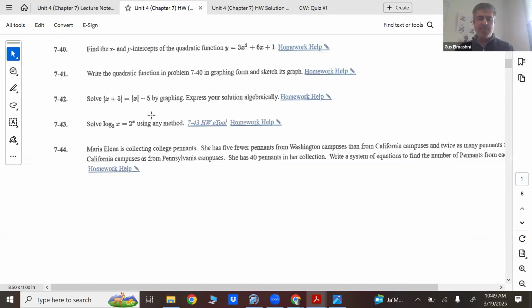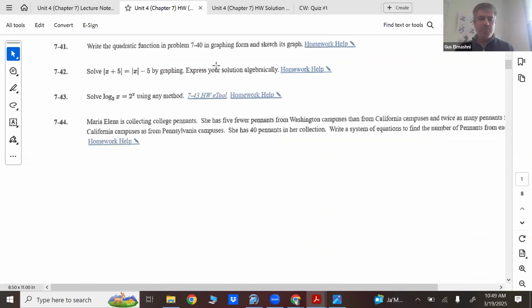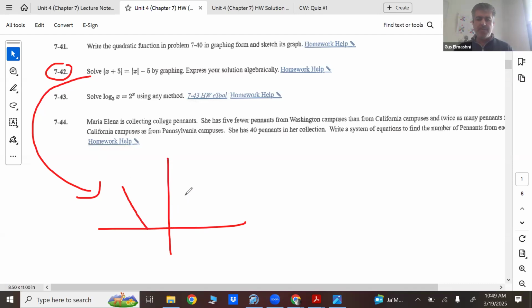For 742, it was just one page of homework, right? Yeah, exactly. That one I just do graphically. You have this, and the other one's going to look like this, I think. Did they overlap?